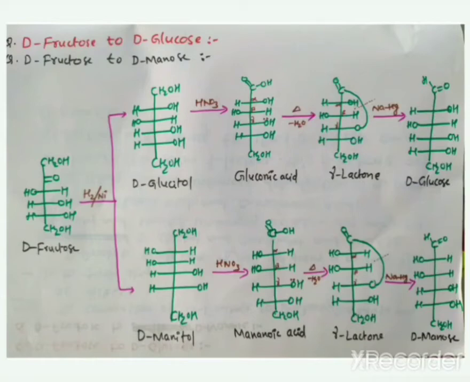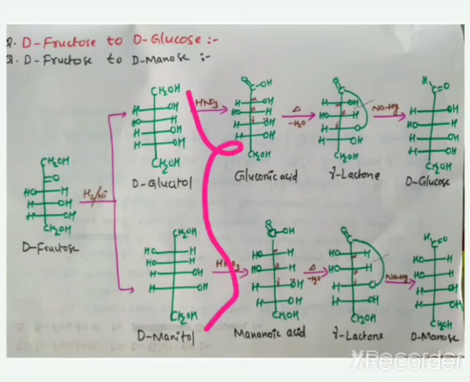Students, first of all, our aim is D-fructose to D-glucose. So what is the difference? Here an aldehyde group is there in D-glucose, and here the C=O group is there in fructose. So first we convert this C=O group into CHOH.